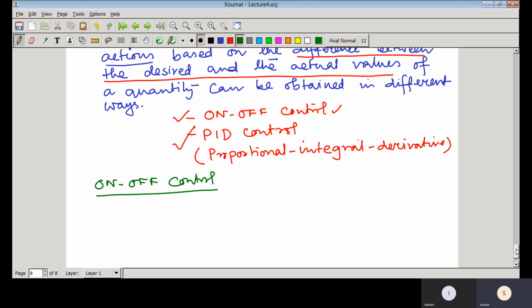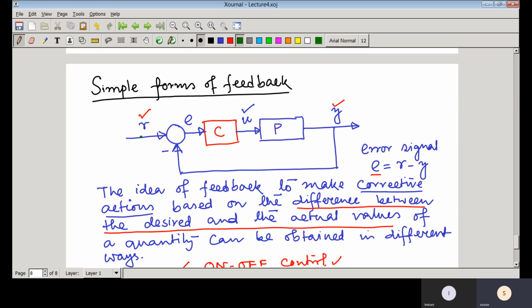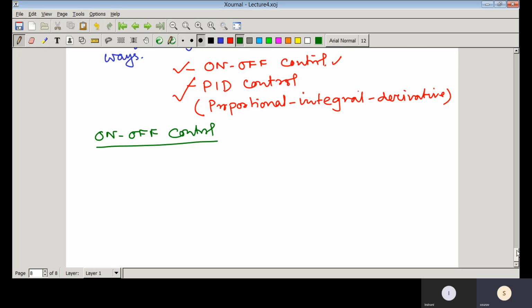Here you can see that we have given a reference command, and we want the controlled output to track that reference command. Then an error signal is generated, which is the difference between R and Y. So let us first draw only the comparator part.